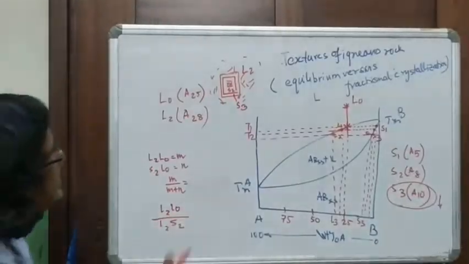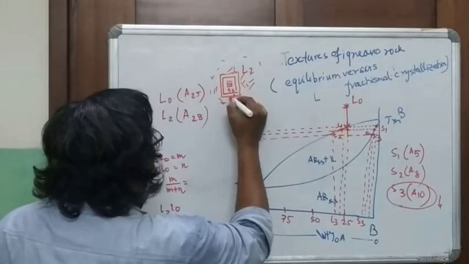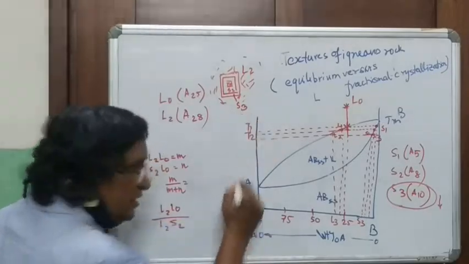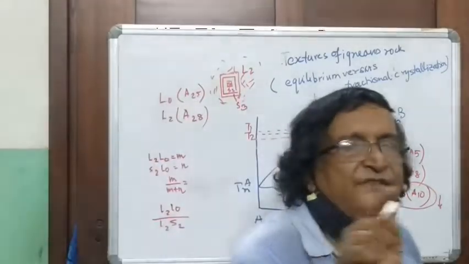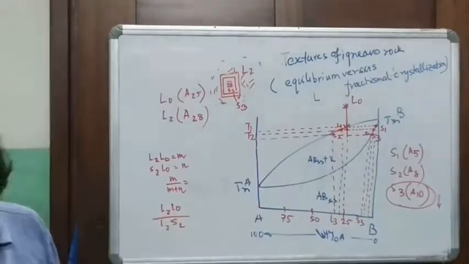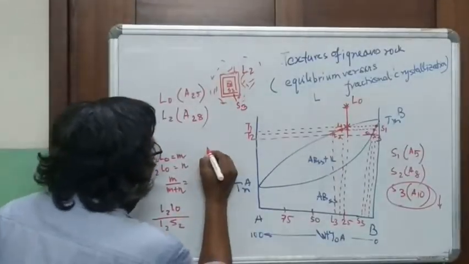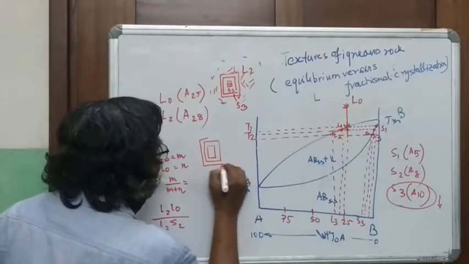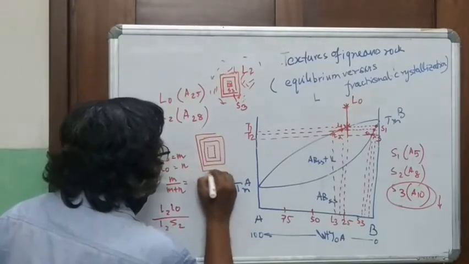So what happens? The crystal grows from S1 to S2 to S3, but the composition of the crystal is no more uniform. Have you understood? So it's very common to get crystals having a layered structure.